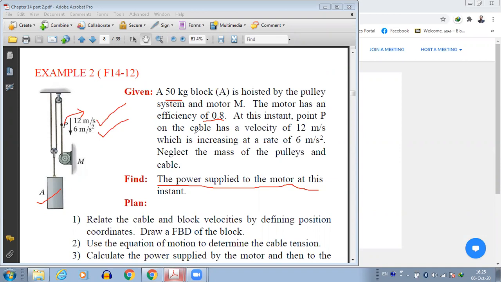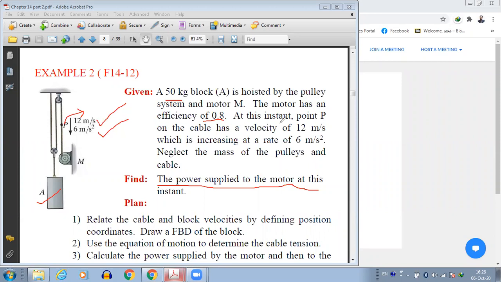Shall we wait or shall I continue? Okay, can you see the screen now correctly? Can you hear me? I can see.